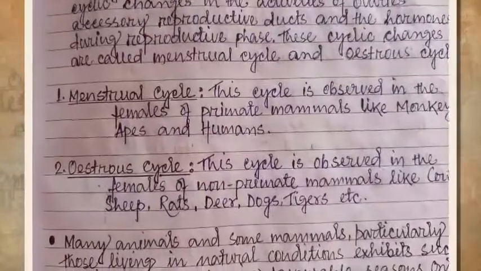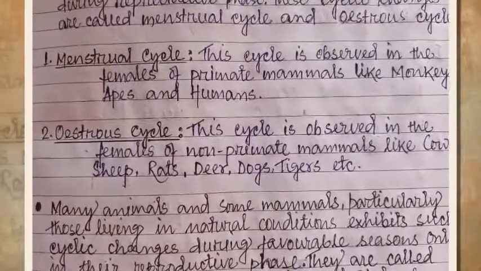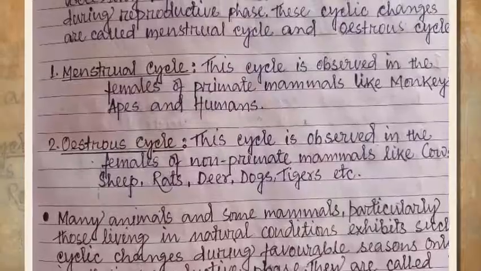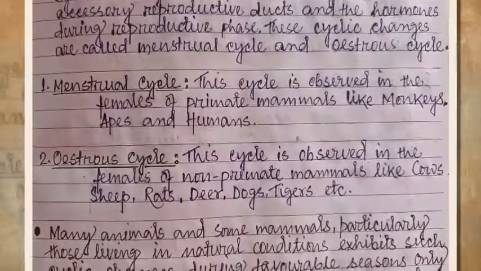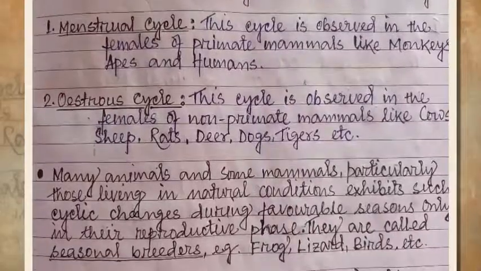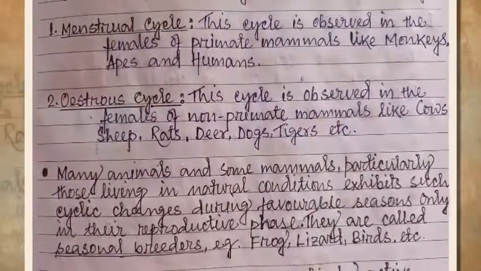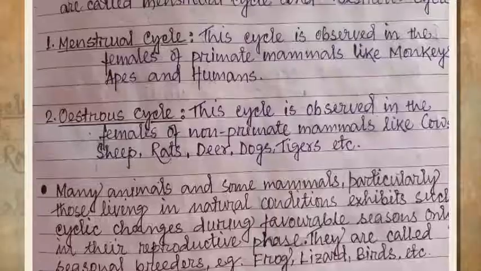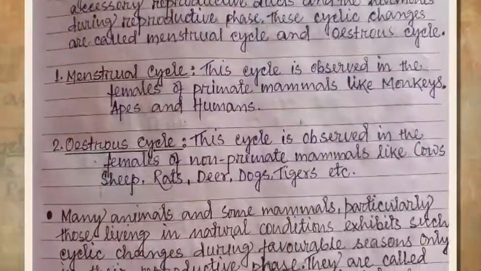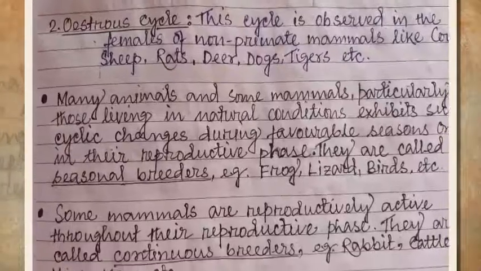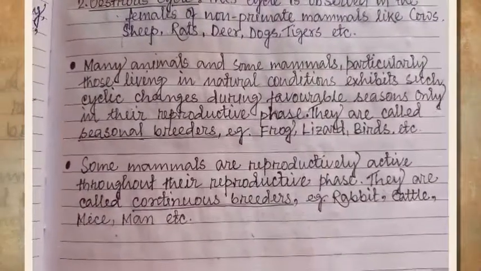This cycle is observed in the females of primate animals like monkeys, apes, and humans, whereas the estrous cycle is observed in the females of non-primate mammals like cows, sheep, rats, deer, dogs, tigers, etc.